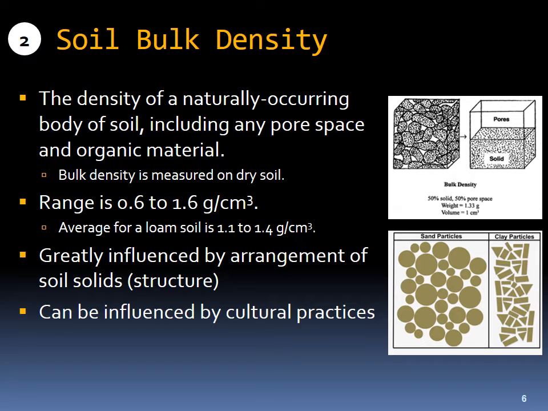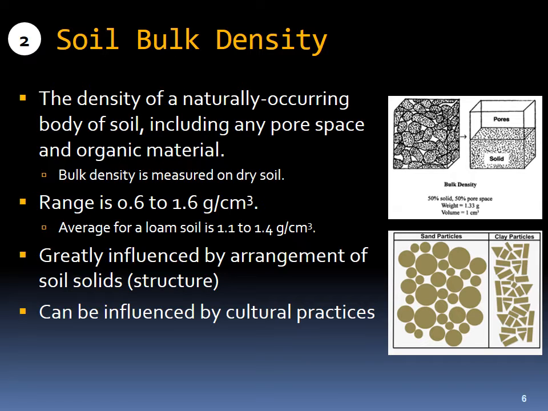Now, take a simple example and compare pure sand particles, as you see in the picture, and pure clay particles. Now you have sandy soil and you have clay soil. Look at the sandy soil. In the sandy soil, you have bigger size particles, and therefore you have bigger spaces between them. However, the mass of each particle is heavier compared to clay. Why? Because most of the sands consist of quartz, which is heavy.